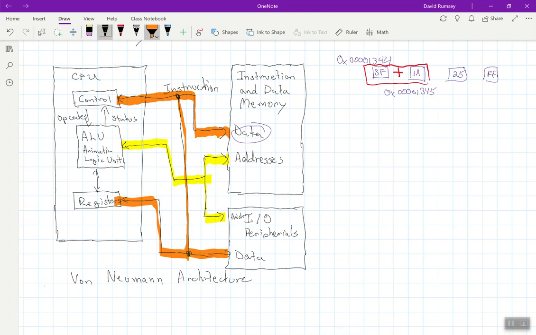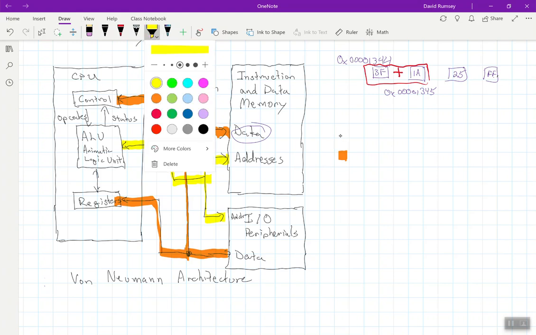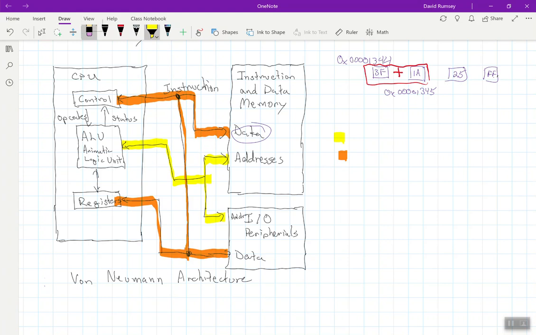The reason I'm highlighting them in different colors here is that what we can think of this is that we have a data bus, which is the orange one, and an address bus. So we have two buses. We have two ways of communicating data here. We have just a separate address bus and a separate data bus.